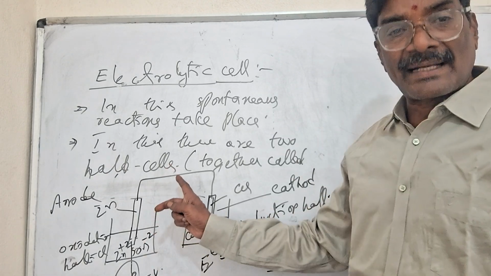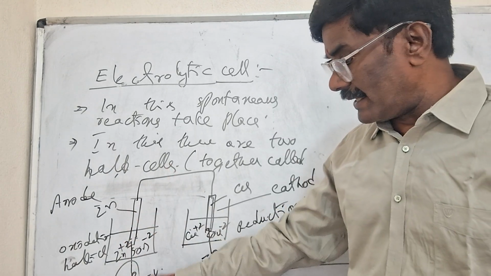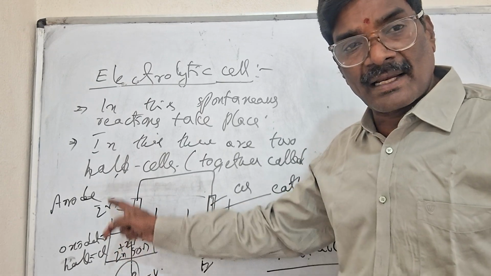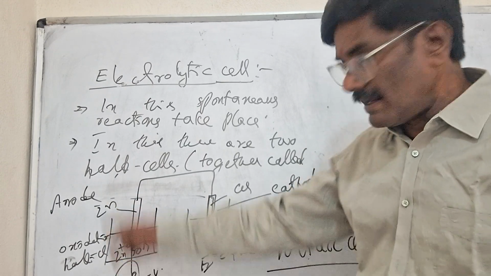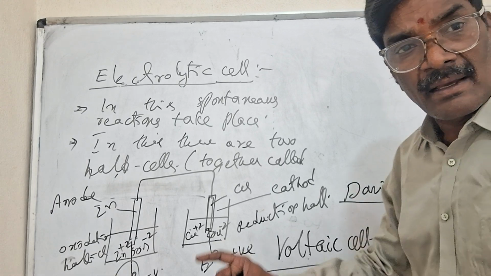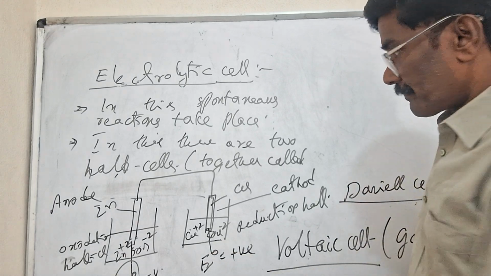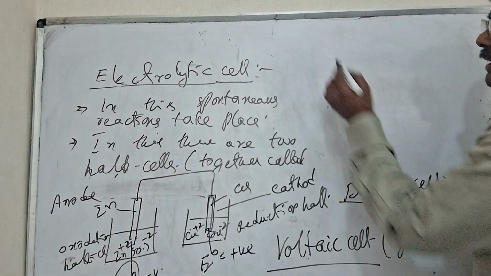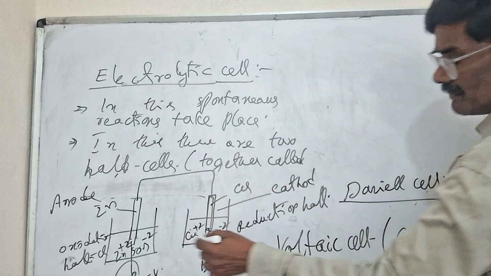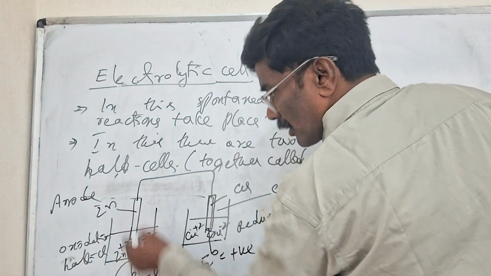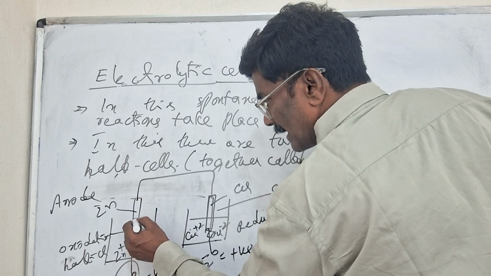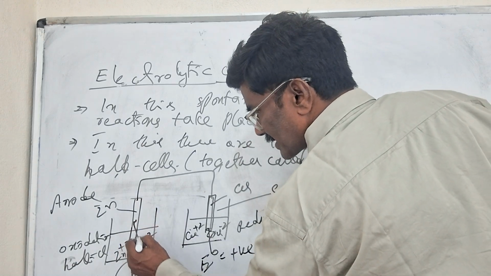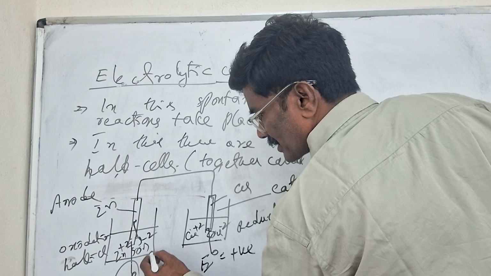In this, a spontaneous reaction takes place. The left side of the cell is called the oxidation half cell, and the right side the reduction half cell. Together they are called a redox couple. Since zinc is more electropositive and more reactive, the zinc rod releases Zn+2 ions into the solution.